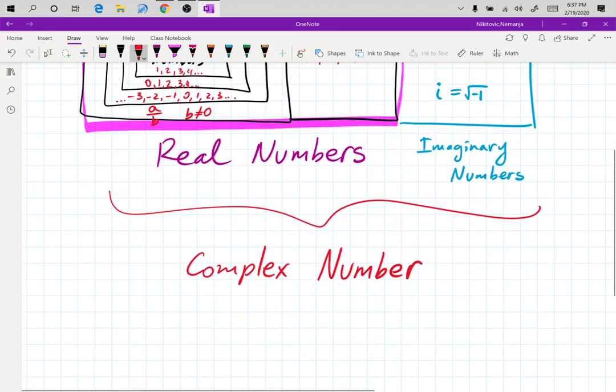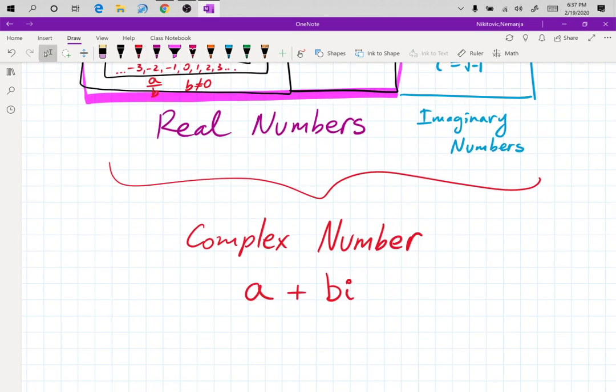A complex number is of the form a plus bi, where a and b are real and i is imaginary. Now, usually we use z to denote complex numbers. So I will say z equals a plus bi.